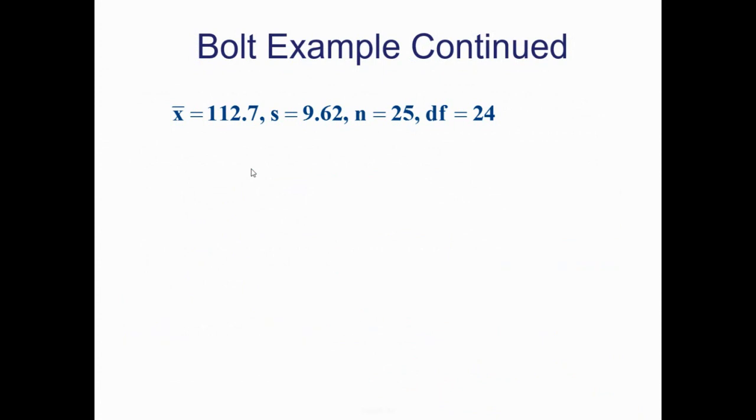Okay, yeah. Let's calculate. So I just summarized everything here. We're going to do it the dual credit way, not the AP way. What do they want our alpha to be? 0.05. Now, how many tail tests would this be? Keep in mind our null and our alternative. The null is that mu is less than or equal to 110.